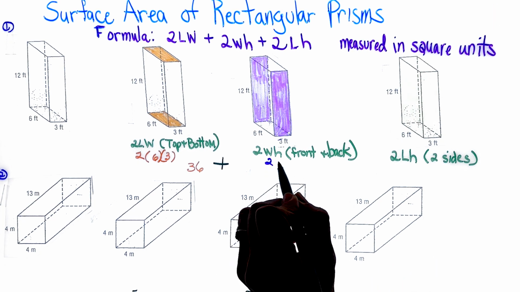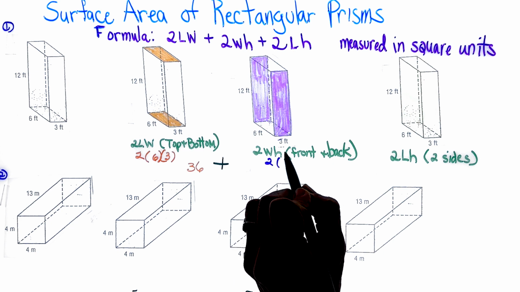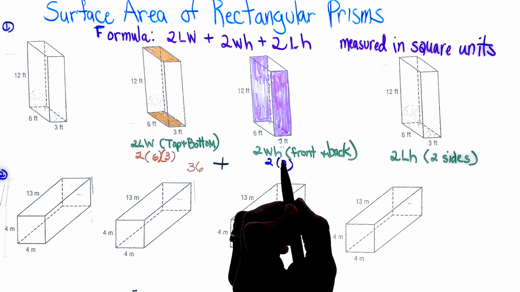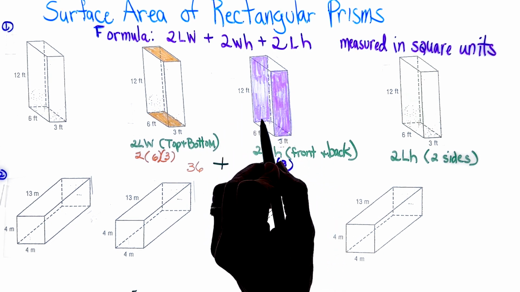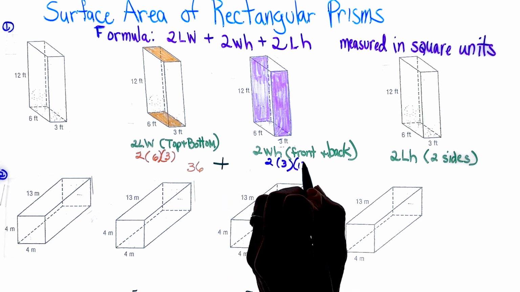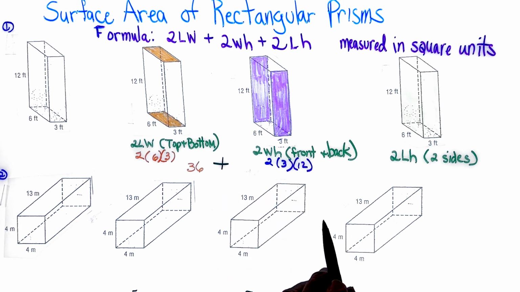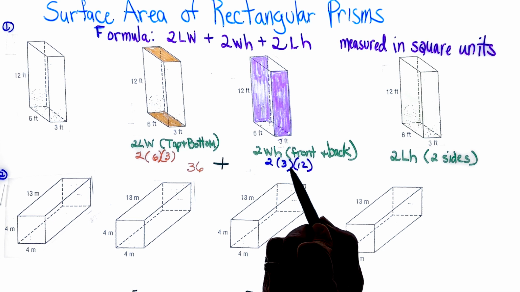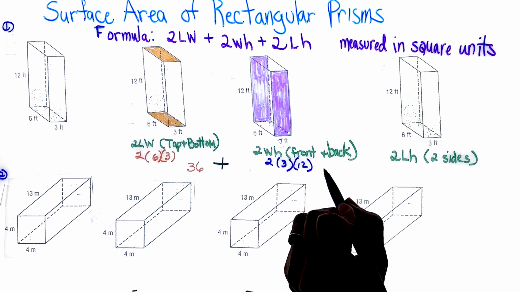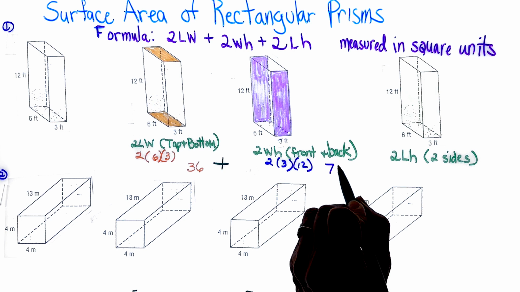So it's 2 times the width, 3, and the height of this is 12. And when we multiply, 2 times 3 is 6 and 6 times 12, we end up with 72.